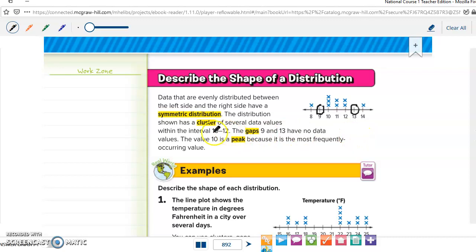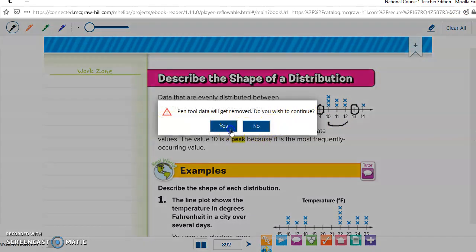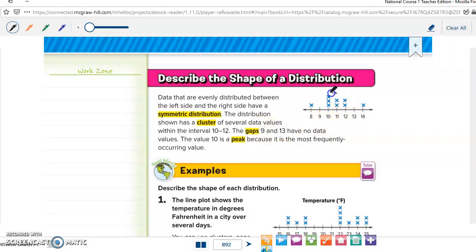And what is the cluster? The cluster is where the numbers are grouped, from 10 to 12. You see the numbers here from 10 to 12. It's grouped. Yes, this is the cluster, from 10 to 12.